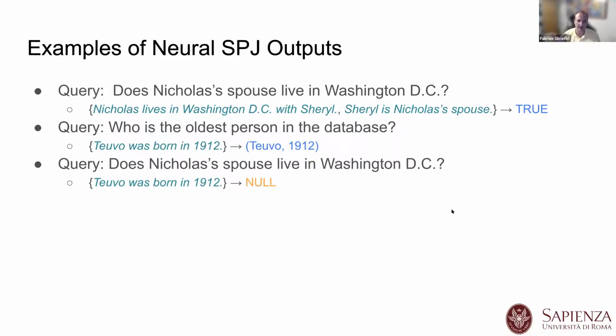Who's the oldest person in the database? Tuvo was born in 1912. So for that supporting fact, you retrieve the key value pair Tuvo, 1912. And for the query, does Nicholas' spouse live in Washington, DC? You have that Tuvo was born in 1912. So this is not relevant for the query, so the answer is no.